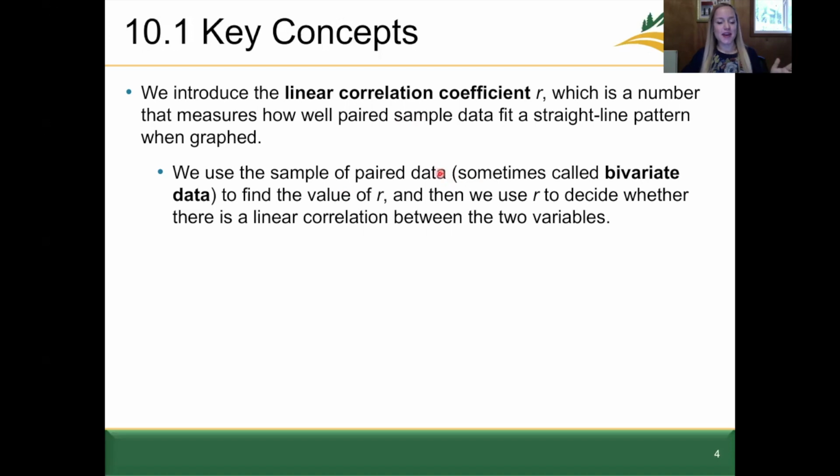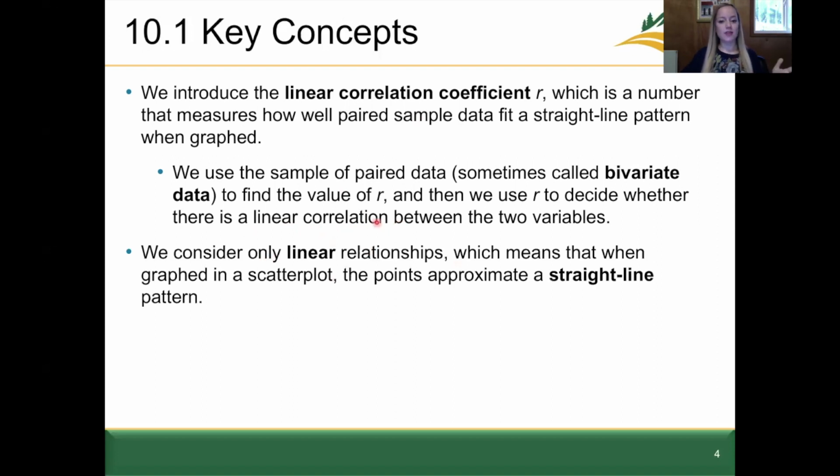We'll use that bivariate data to calculate a value for R, then use that value for R to decide whether there is a linear correlation between those 2 variables. So again, we're focusing on the linear correlation between those 2 variables.